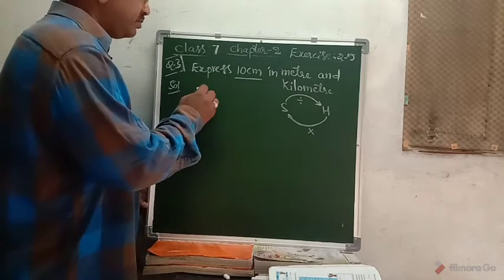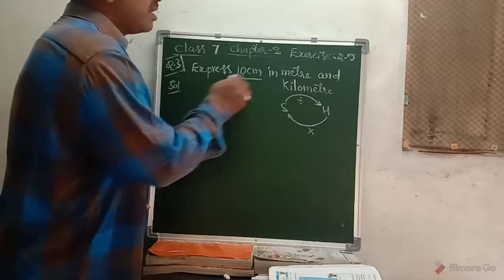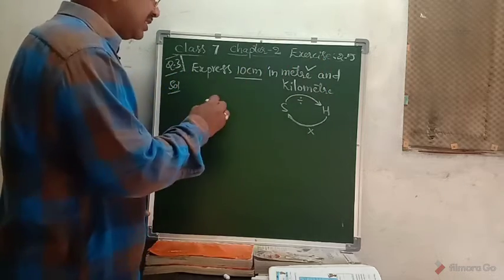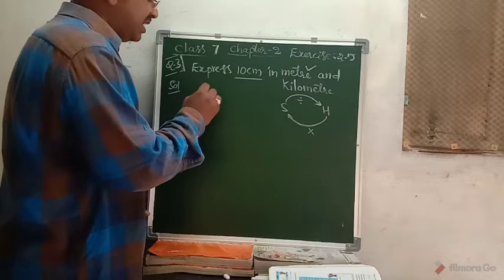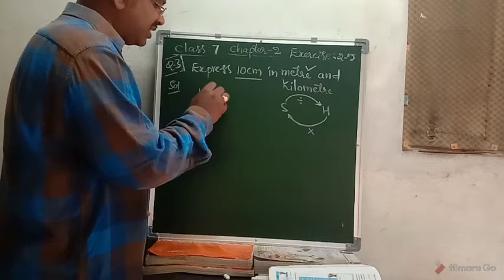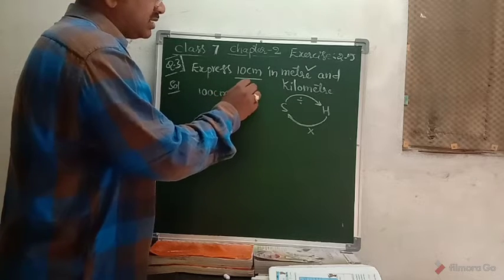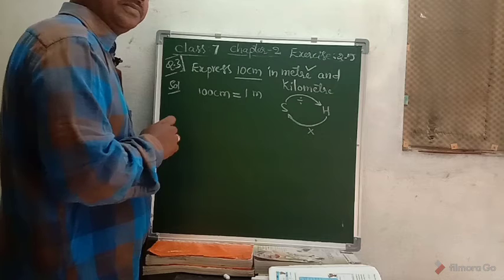First, we express centimeters into meters. 100 centimeters is equal to 1 meter.